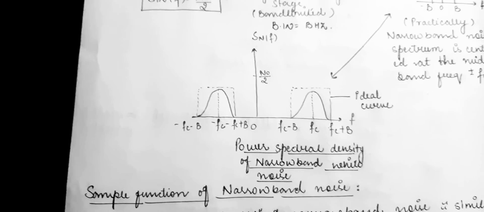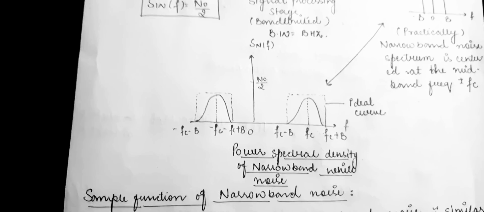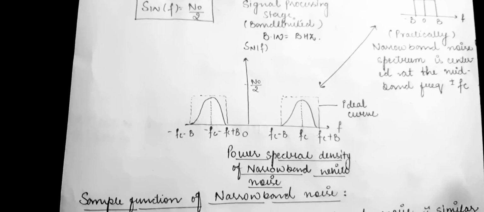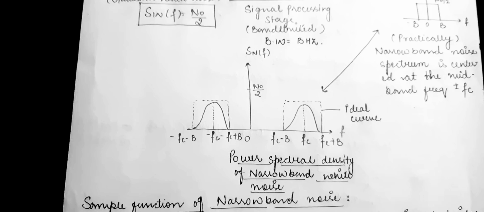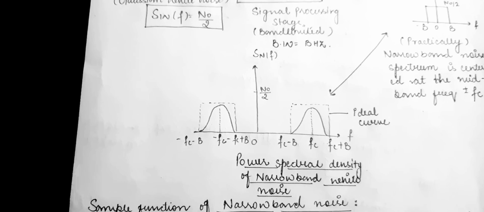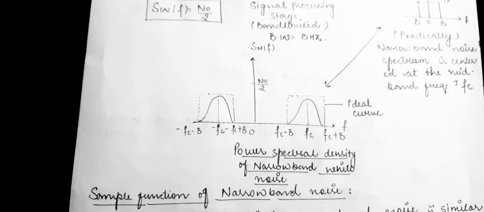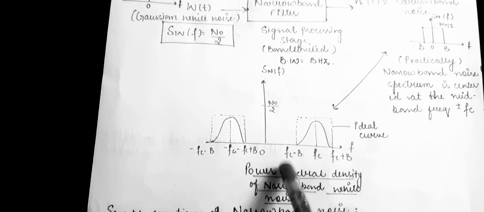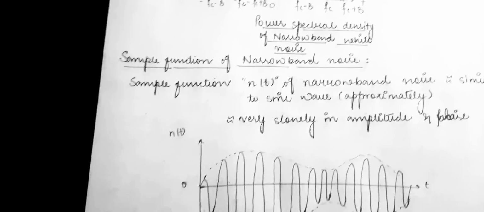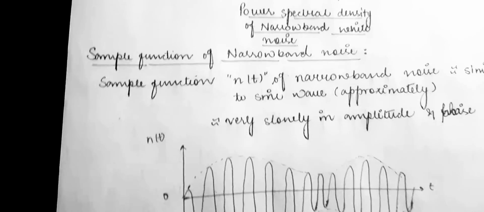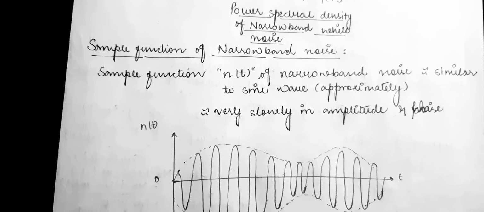We can see that the narrowband noise spectrum is centered at the midband frequency, plus minus Fc, where the dotted line denotes your ideal curve. So we call it the power spectral density of narrowband noise, centered at frequency Fc. For the positive side it will be Fc minus B up to Fc plus B, and the same we consider on the negative side.